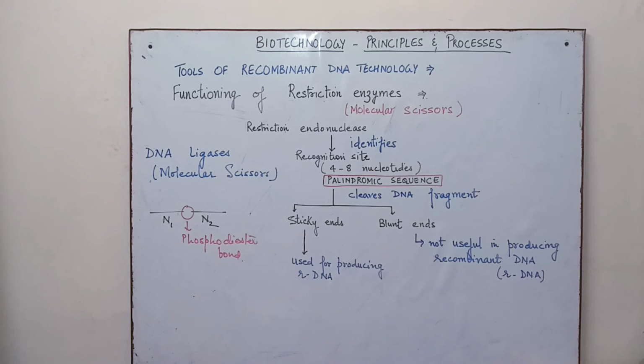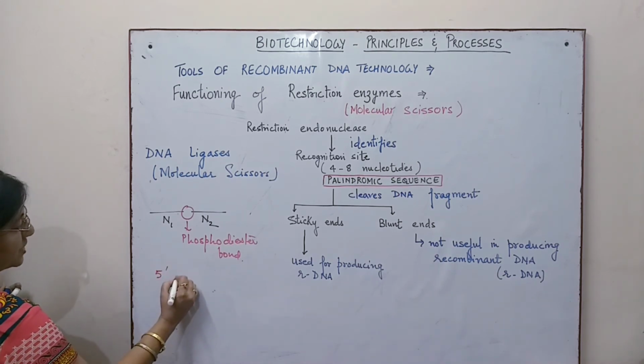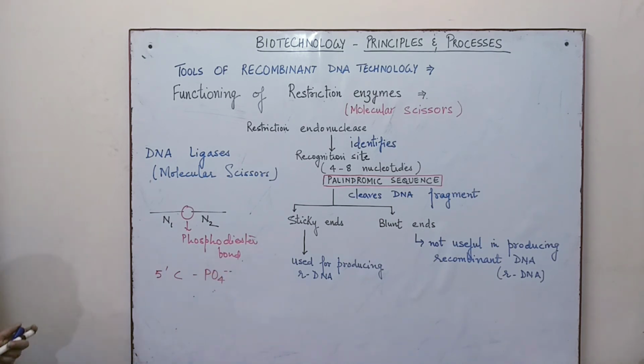Their functioning requires a phosphate group at the 5' carbon, so the phosphate group should be present there, and at the 3' of the adjacent nucleotide.